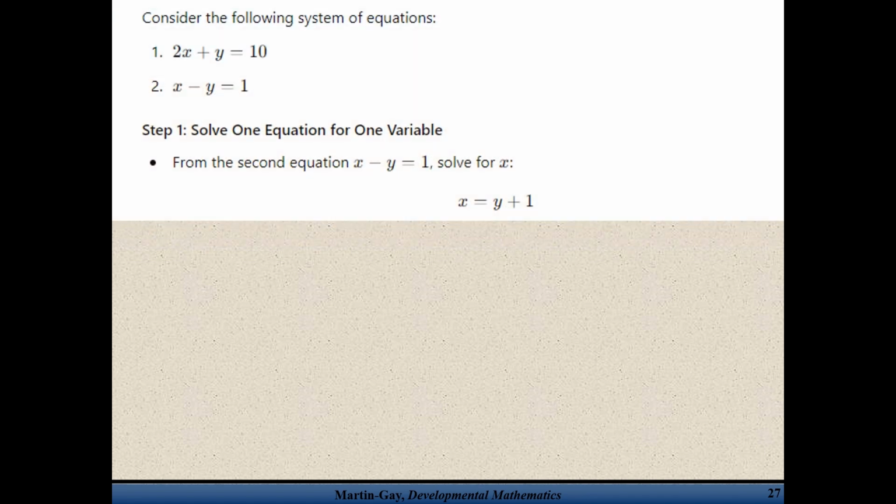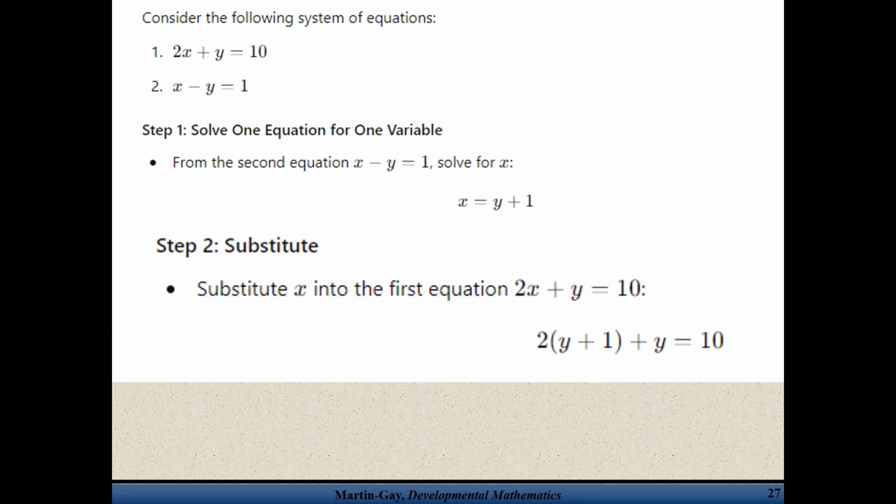So consider the following system of equations. So 2x plus y equal 10 and x minus y equal 1. So from the second equation, we solve for x, and x becomes x equal y plus 1.